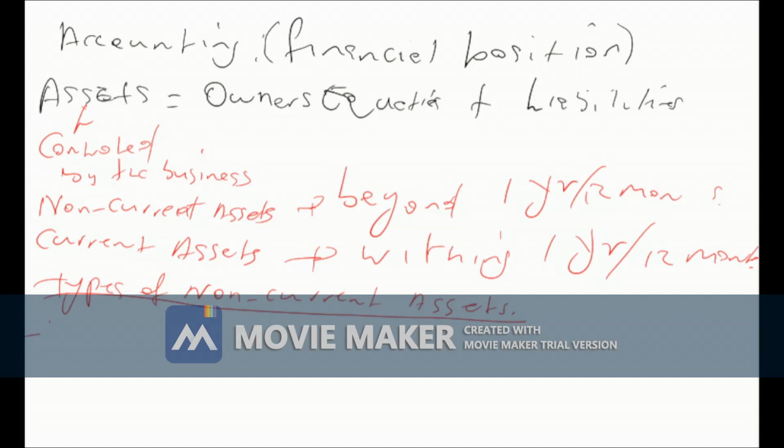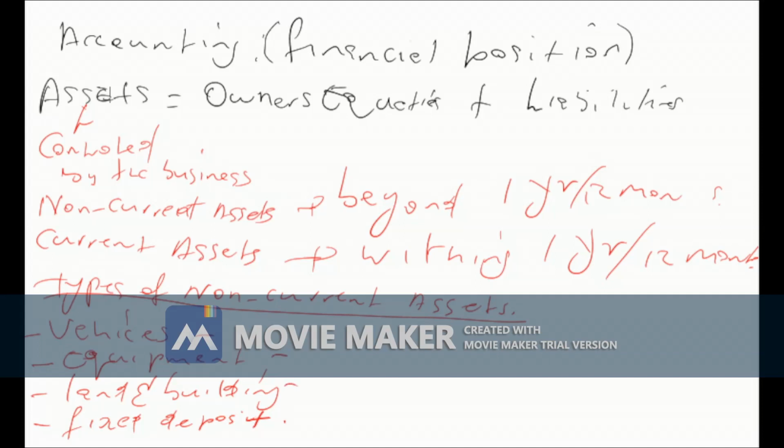Non-current assets: we have vehicles, we have equipment, we have land and building, we have fixed deposit. These are the types of non-current assets.